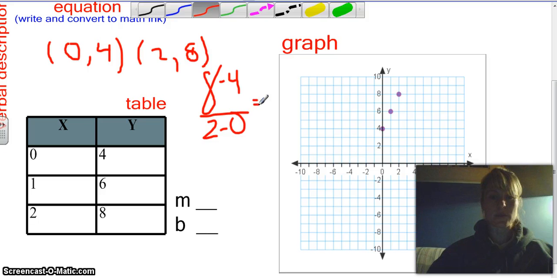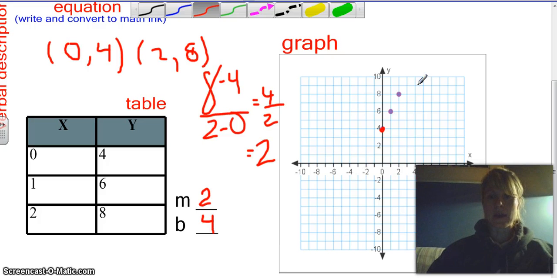So that equals 4 over 2, or 2 is our slope. M stands for slope, so we put 2 in here. B stands for y-intercept. And if you look over at our graph here, at 0, 4, this is where it intersects the y-axis. So we can just say our y-intercept is 4.